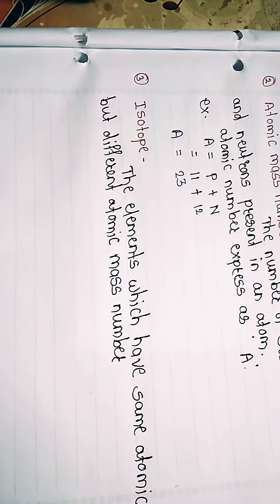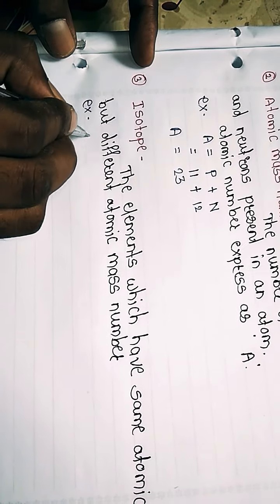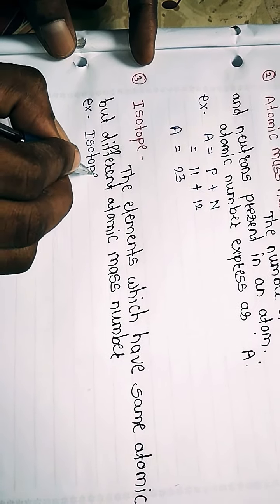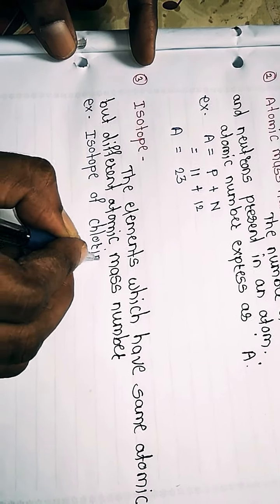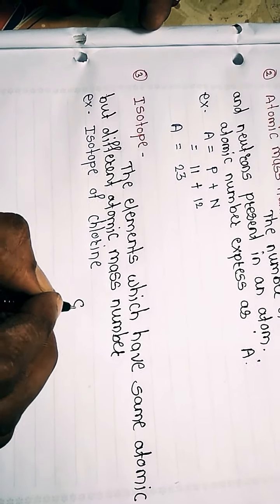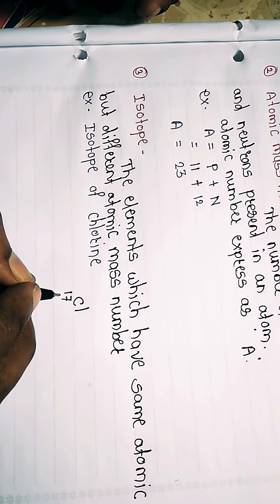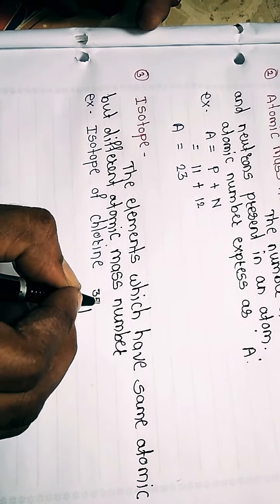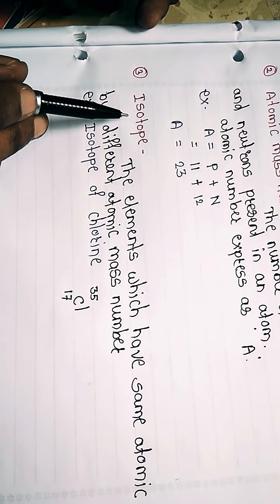For example, we can discuss isotopes of the chlorine element. Chlorine 17, as we know 17 is the atomic number of chlorine and the atomic mass of chlorine is 35. But we are discussing isotopes.